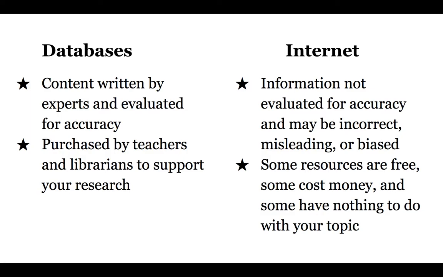There might be some incorrect information there. Some resources are free. Some cost money. Some might have nothing to do with your topic. So when doing internet research, we do have to be careful and make sure to evaluate the resources that we're looking at before determining whether or not they are useful for our topic.